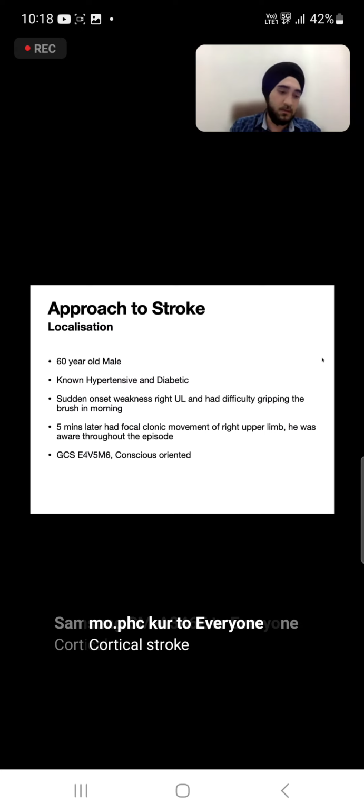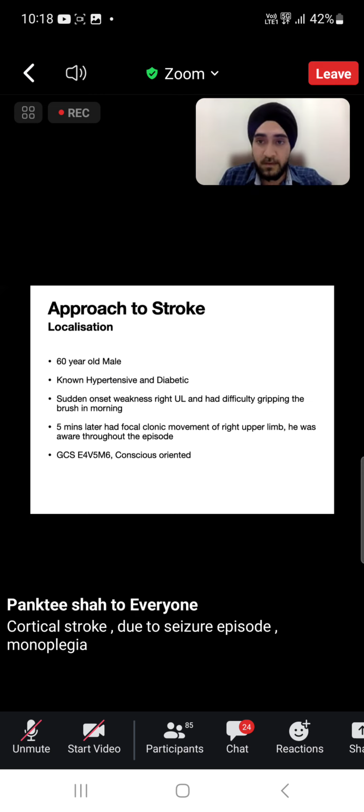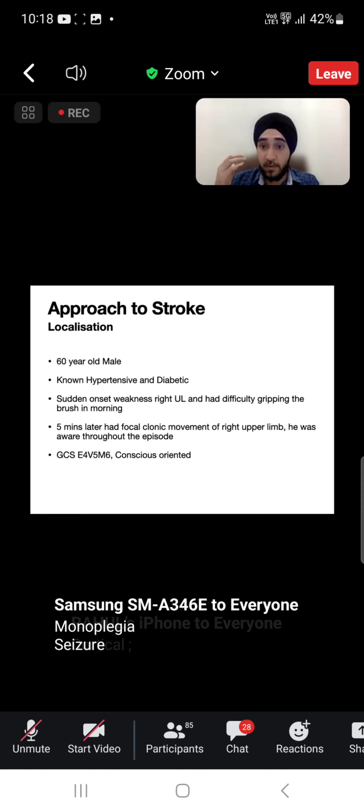Cortical stroke. Okay. Can you tell me the points which are favoring a cortical stroke in this particular case? Very good. Focal monoplegia, seizures, predominantly with preserved awareness, and focal motor seizures.